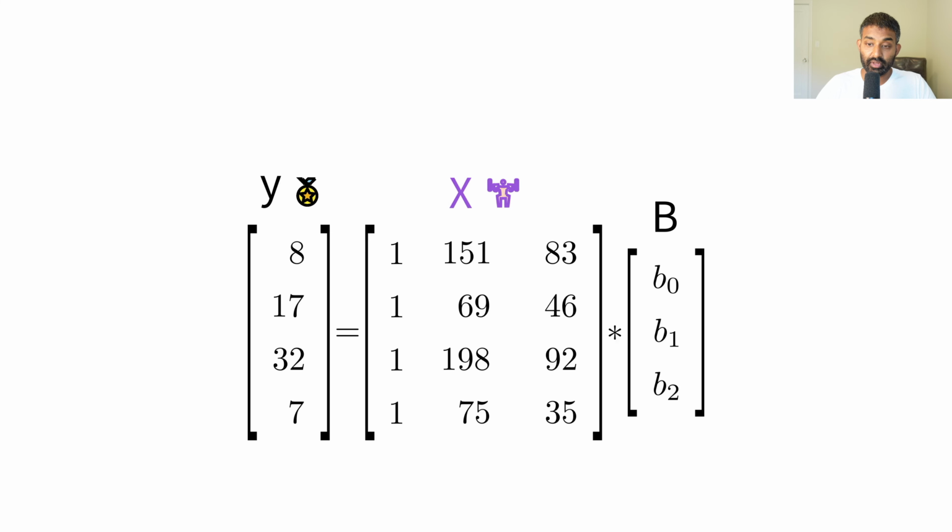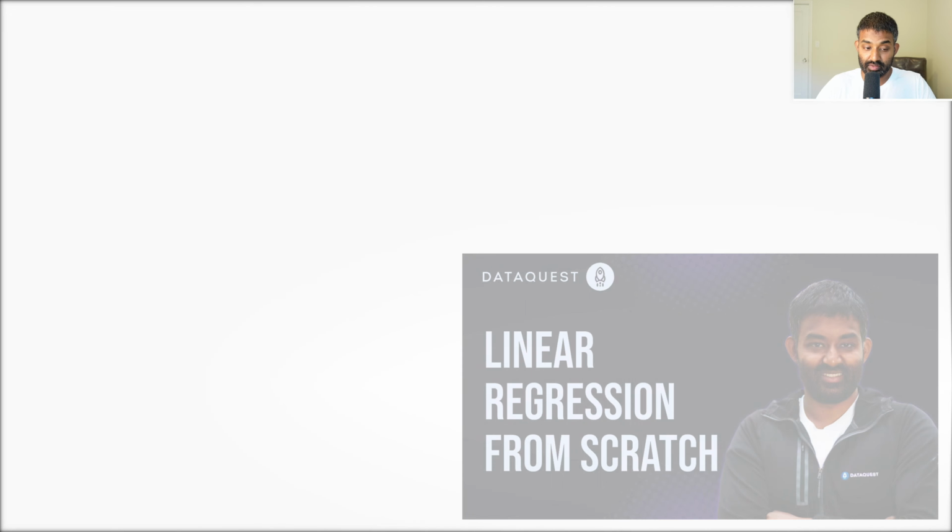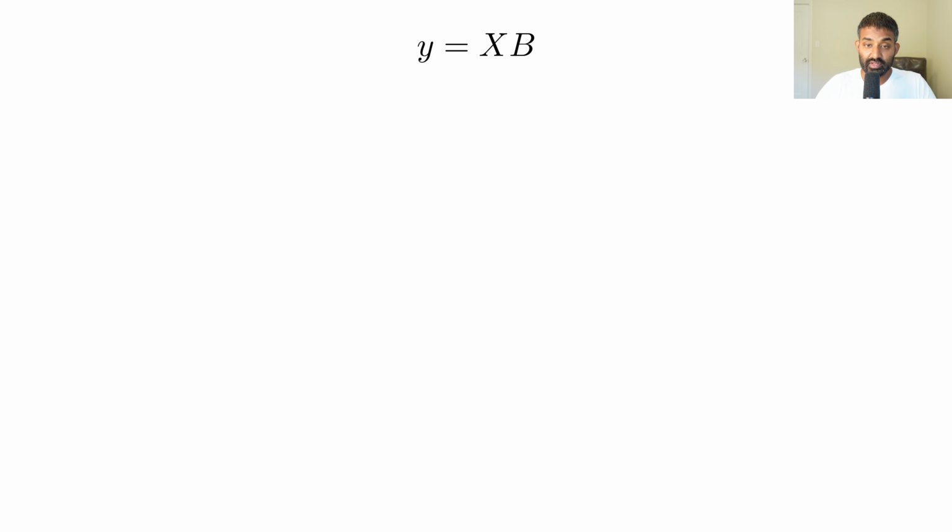Matrix multiplication works a little bit differently from normal multiplication. We'll talk a little bit about that later, but I would encourage you to watch the linear regression video if you want to know exactly how this equation works. Then we can actually solve for b. The first thing we do is multiply both sides by x transpose, because what we want to do is invert the matrix and get rid of everything on the b side that's not b.